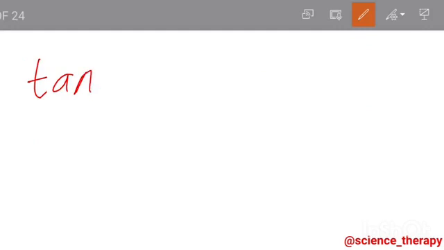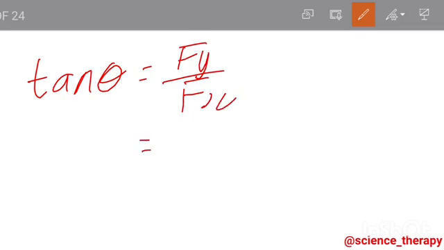Now let's calculate. We have tan theta is equal to Fy over your Fx. What is the Fy? It's 25. And then what is the Fx? 43.30.